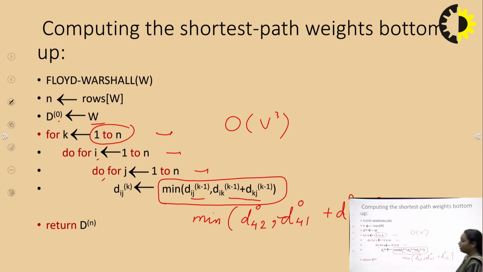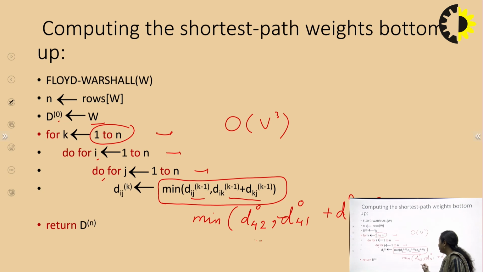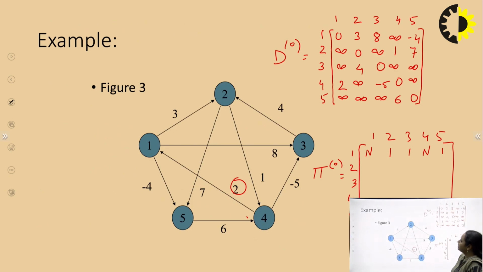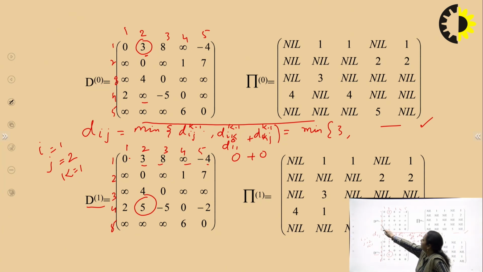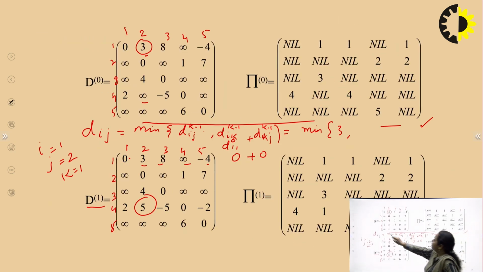Now find out the value. For 4, 2 it is given as infinity. We will write infinity here, comma D 4, 1 in the D0 matrix. D 4, 1 is 2, plus D 1, 2, which is 3.